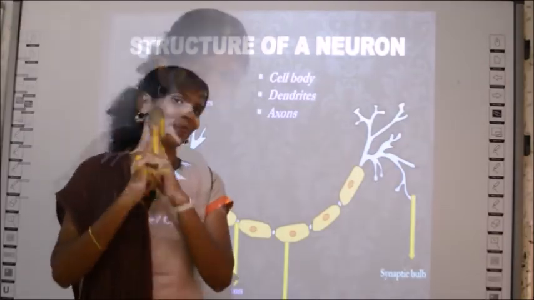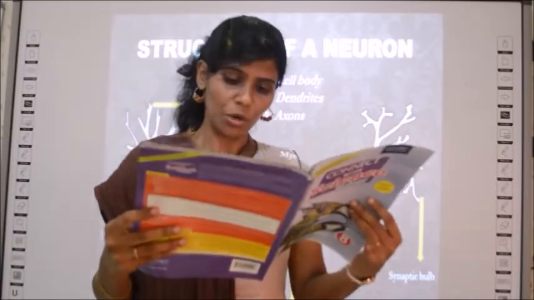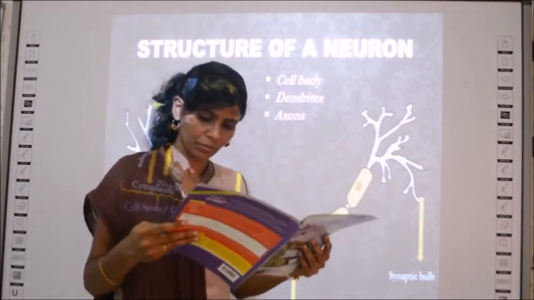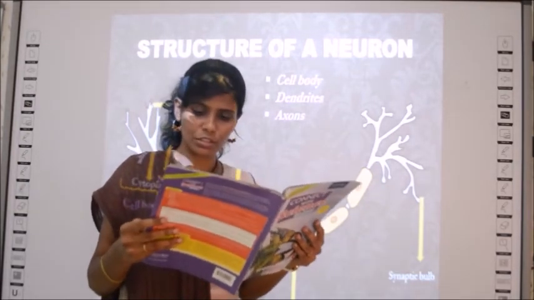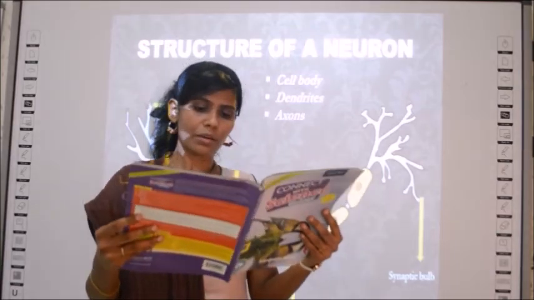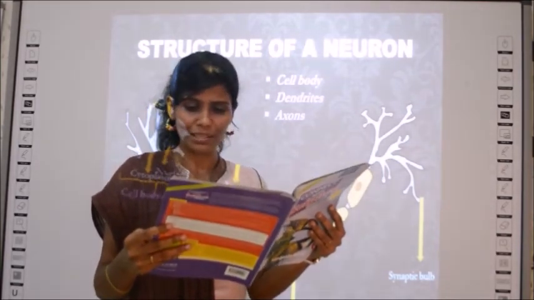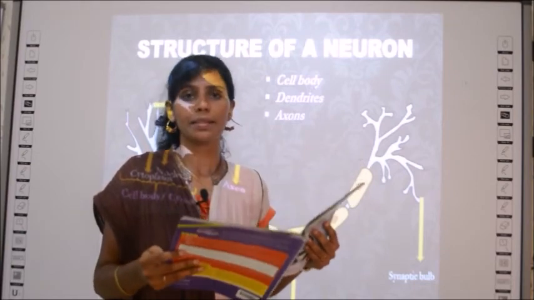For today's homework, turn to page number 71 in your biology book, and you have a first question. The central nervous system mainly consists of the brain and the neurons.